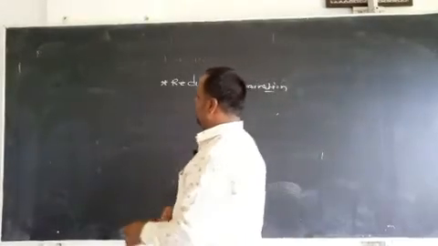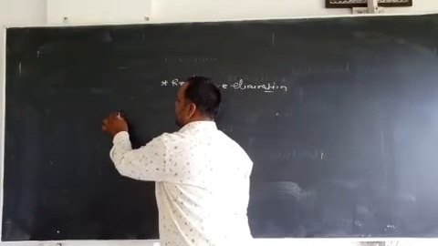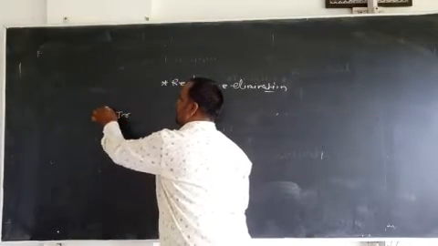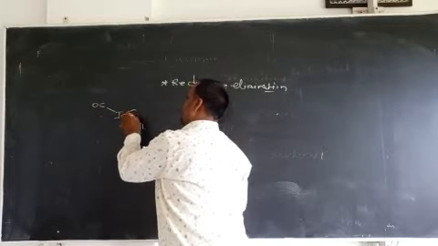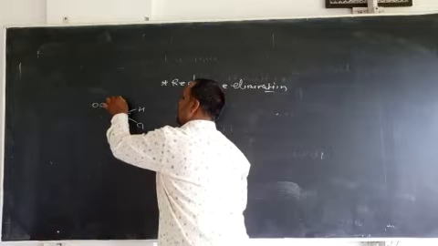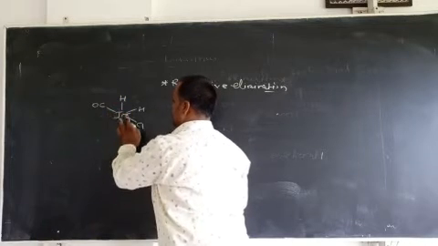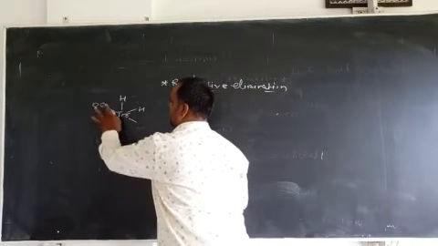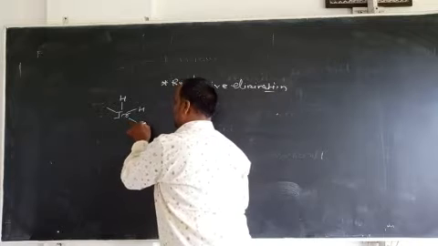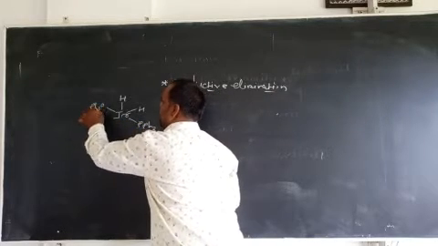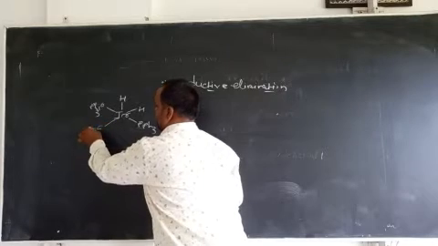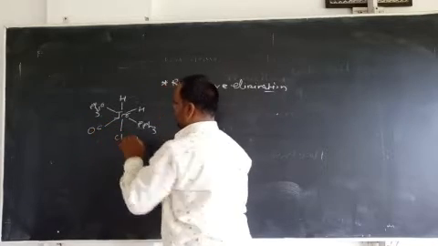Let us see the first example, that is Ir(PPh3)2(CO)Cl(H)2 — you can write it here.